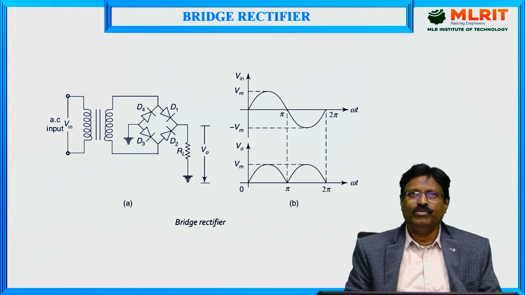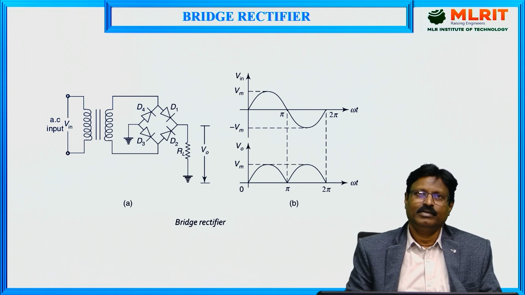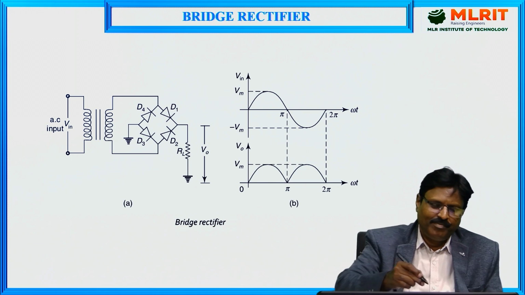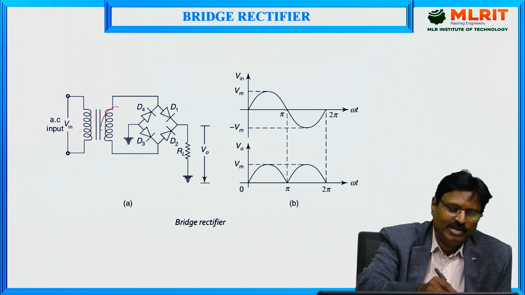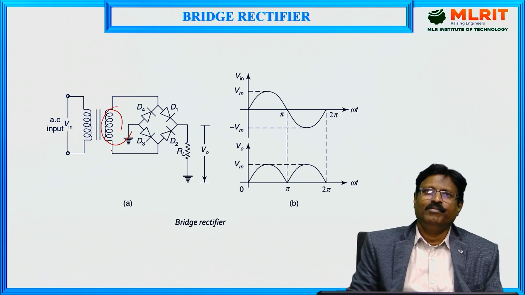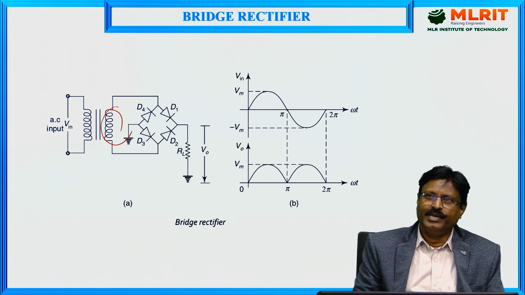So, why do we go for the bridge rectifier in spite of the full-wave rectifier, where we are using two diodes? The main advantage of the bridge rectifier is that here we make use of a conventional transformer, whereas in the full-wave rectifier we use the center tap transformer, which is an expensive affair.